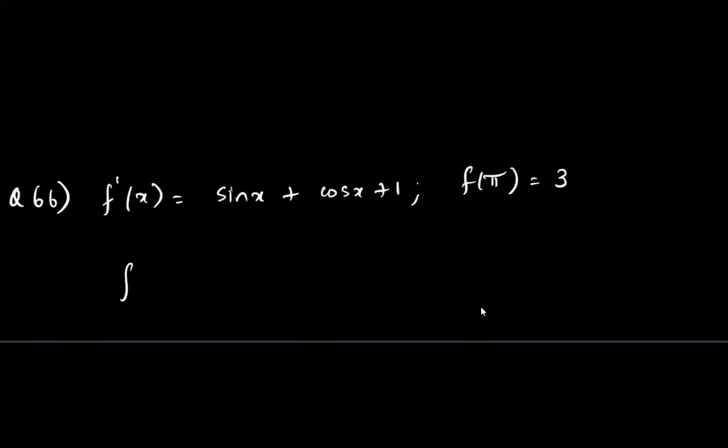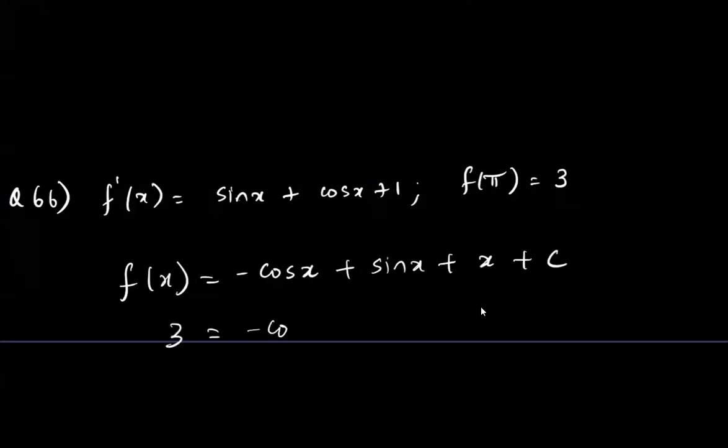Okay, again do the same thing. Take the antiderivative. So sine x will be negative cosine x plus sine x plus c. Then I substitute 3 is equal to negative cosine pi plus sine pi plus pi plus c.